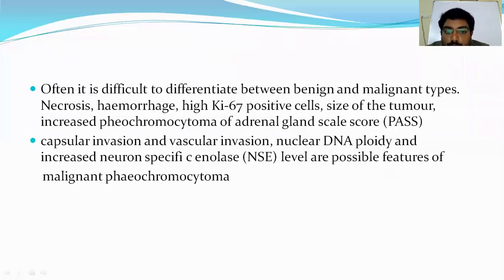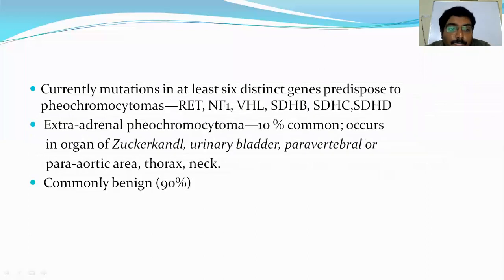It is difficult to differentiate between the benign and the malignant types. Necrosis, hemorrhage, high Ki-67 positive cells, size of tumor, and the PASS score, pheochromocytoma of adrenal gland scaled score, are considered. Capsule invasion, vascular invasion, nuclear DNA polyploidy, and increased neuron-specific enolase levels are possible features of malignant pheochromocytoma.